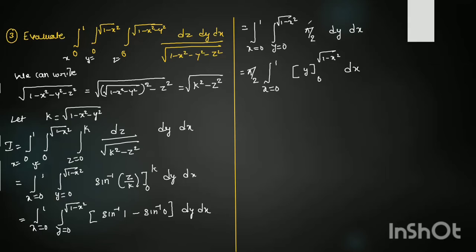Integration of dy, there is a constant, so we have to multiply y, and dx is remaining. In place of y, we substitute square root of 1 minus x square, and if you substitute 0, it is 0, so no need to write that. Square root of 1 minus x square dx. And there is a standard formula for this, as well as you can use the substitution.